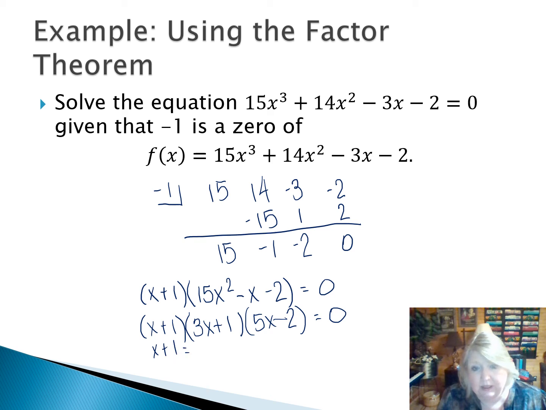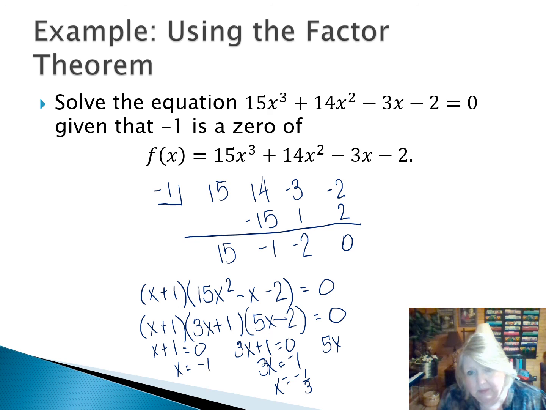Either x plus 1 is 0, and guess what? You just found out again that x is negative 1, which we kind of already knew. 3x plus 1 may be 0. So 3x may be negative 1, and x then would be negative 1/3. And 5x minus 2 may also be the one that was 0.